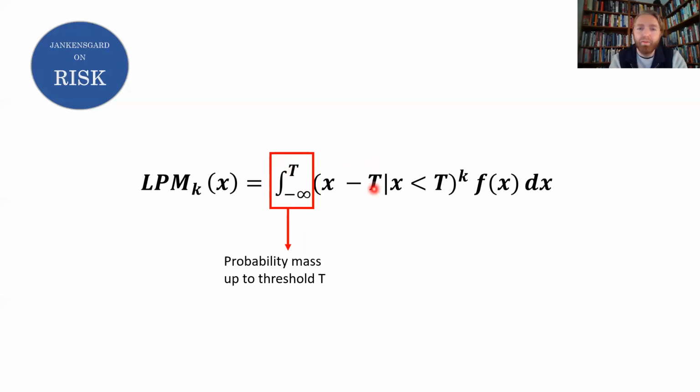And same thing here, when you are below the target, the threshold level, you penalize that shortfall with this parameter K. So X is the performance variable. This is the function describing the stochastic process of X. And in some proportion of the outcome distribution, it will be falling below the threshold, or it could at least. So we are dealing with a stochastic process here for performance, and we're deciding which threshold level we are measuring risk relative to.